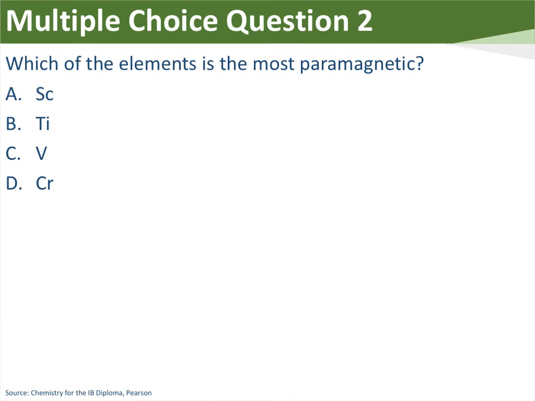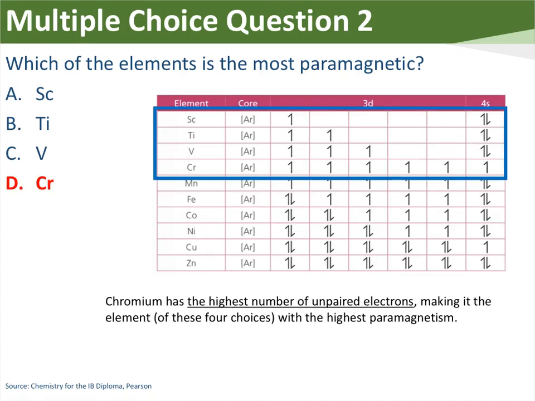One last checkpoint question. Which of the elements is the most paramagnetic? Pause the video, figure it out, come back for an answer. And the answer is D, yet again.